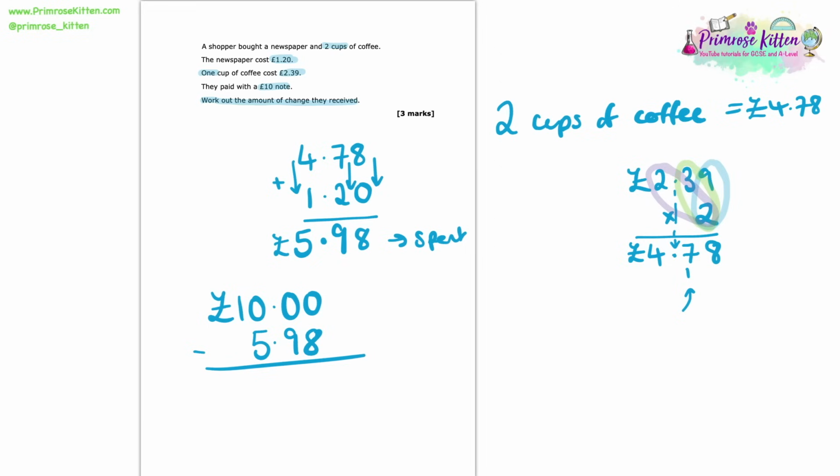We'll start by doing this subtraction here. 0 minus 8. Now we can't do that, can we? Because we can't take 8 away from 0. So that means we need to look to the left and see if we can take 1 from the left-hand side. Well, the left is 0 as well, so we can't take from that either. So we need to look here. Oh, still 0, can't take from that.